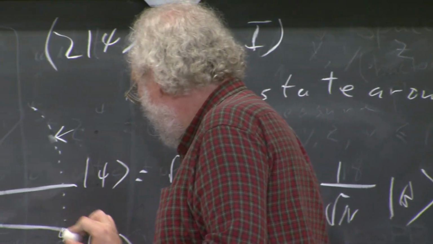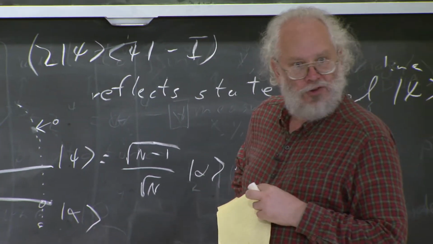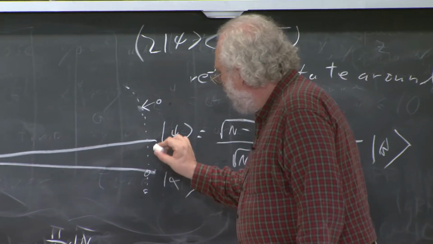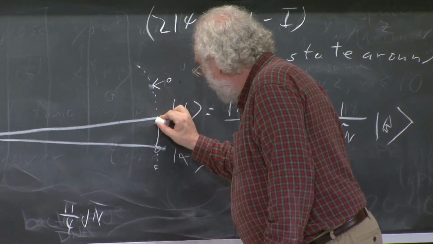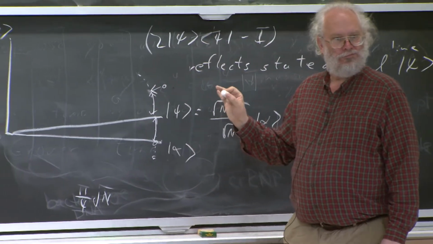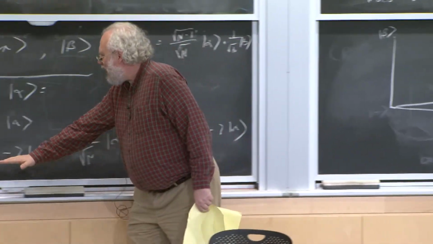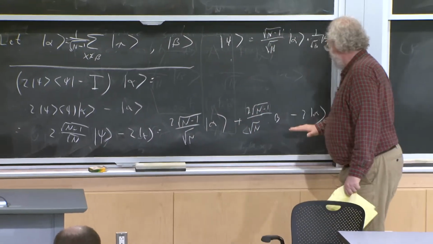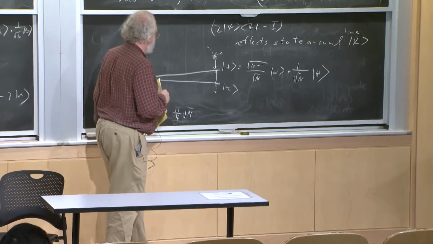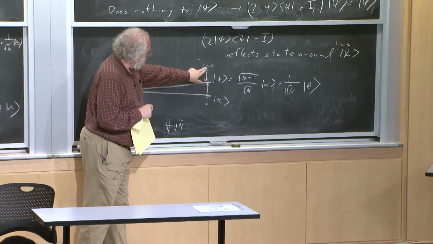So we start with alpha, we end up above this line, and it's a unitary transformation, which means angles and inner products are preserved. So after the unitary transformation, this angle has to be the same as that angle. We started out below this line and clearly end up above it, so this has to go to that.